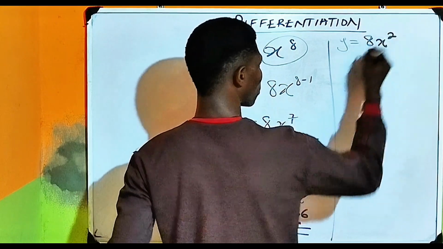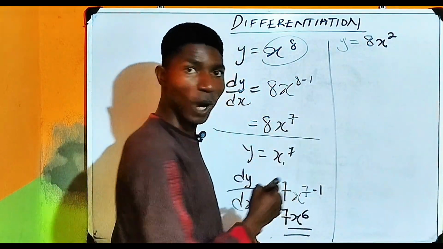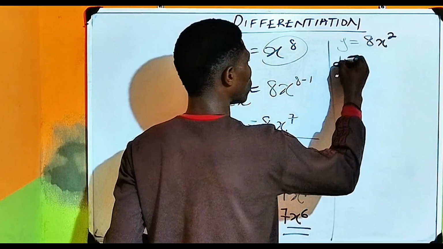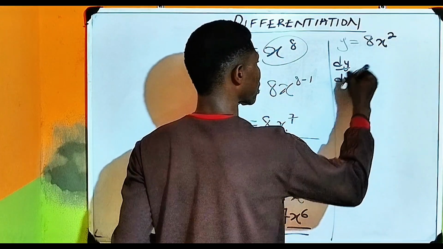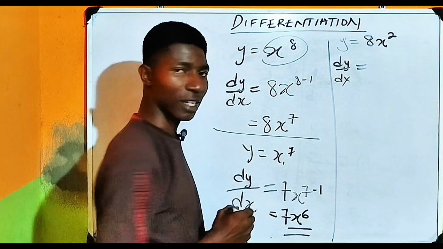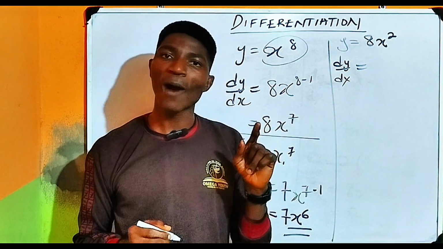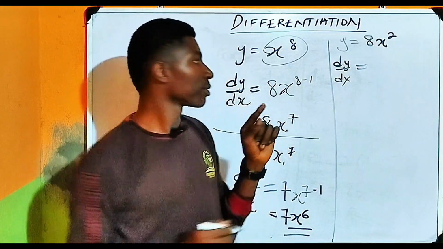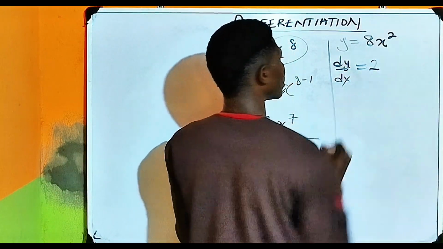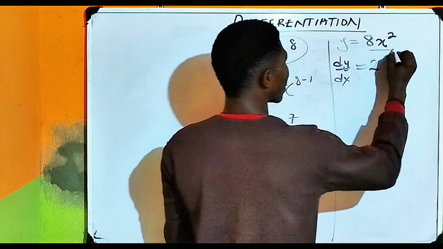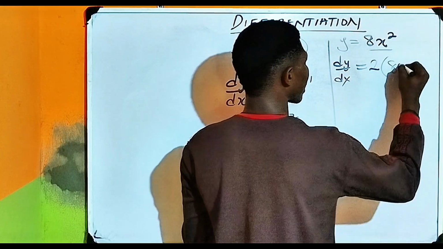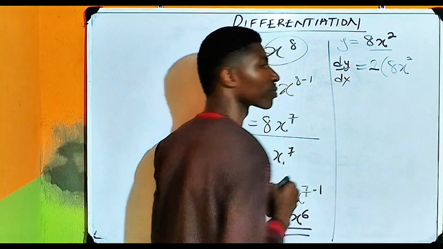And the last two examples: y is equal to 8x power 2. When you differentiate y, you have dy over dx. The first step is to take the power, which is 2, then multiply it by everything here. So we have 2 times 8x squared.